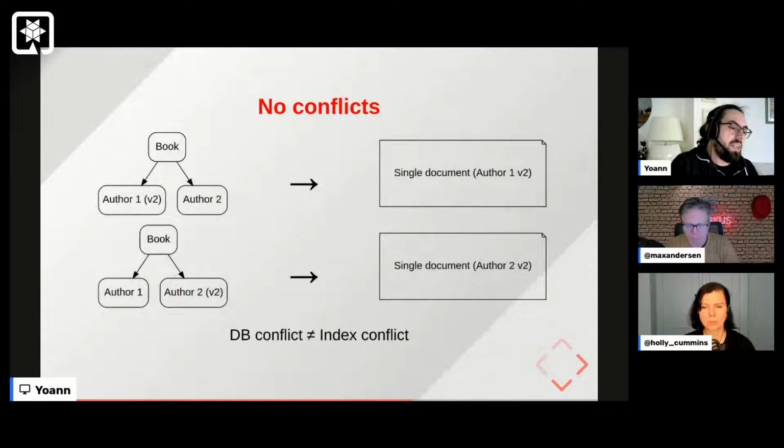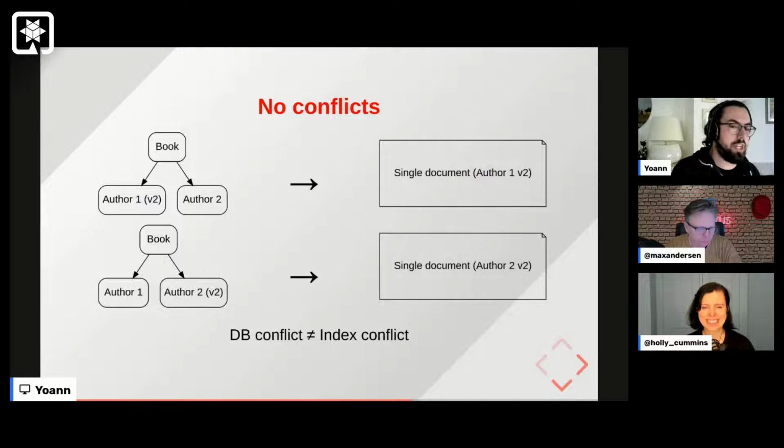We also eliminate a small risk of conflict that we had before. When you have a book with two authors and you have two transactions in parallel, updating a different author, it's possible that your two threads will be sending a different version of the document in parallel, none of which is exactly up to date.